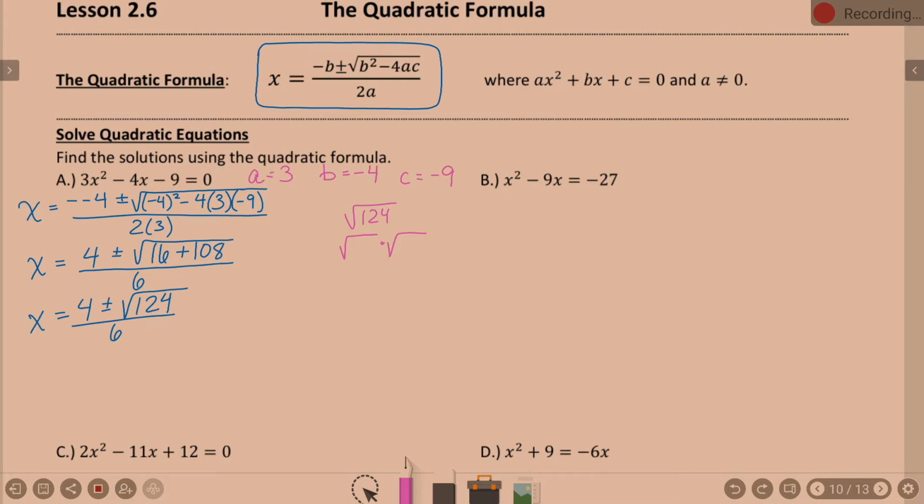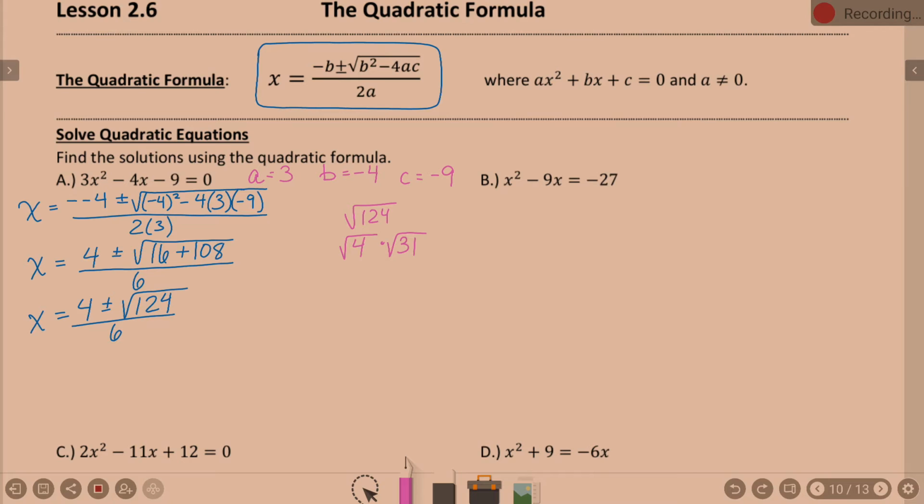Does 16 divide into it? No. But I'm not looking for the closest square root possible. I'm not estimating. I'm looking for what perfect square divides into this, so there'll be a perfect square times a number. Does 4 divide into 124? Yeah. 4 times what? 4 times 31.